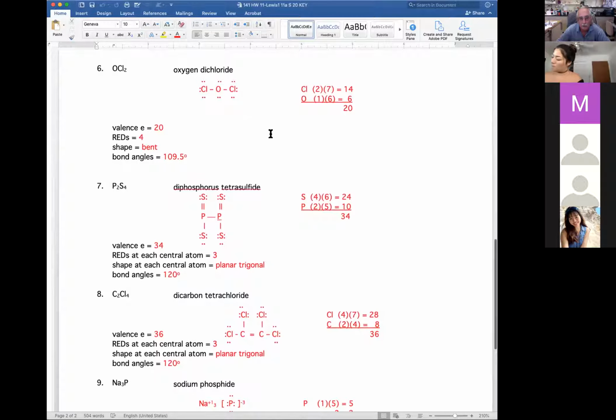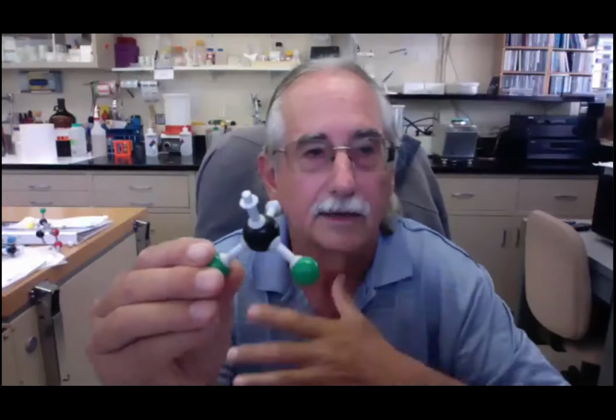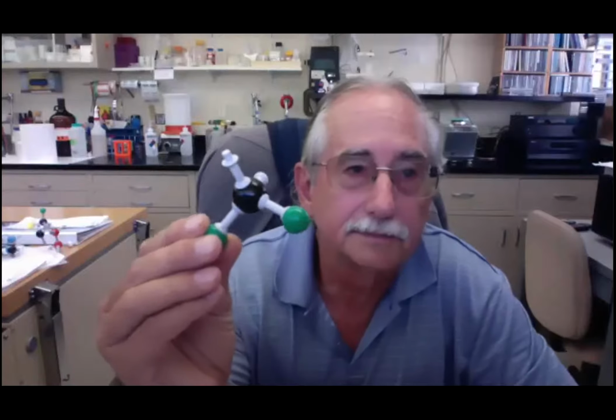Oxygen dichloride. How many reasons of electron density? 4. So this central atom has 1, 2, 3, 4 reasons of electron density. So it really should look like this. So the shape of this is bent. Now, is this a symmetrical molecule?